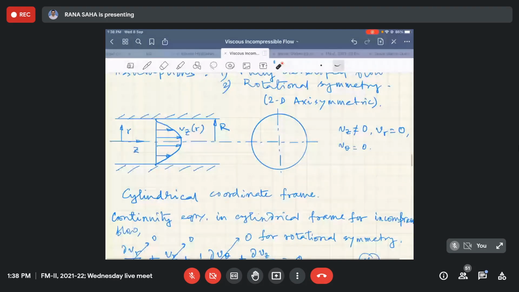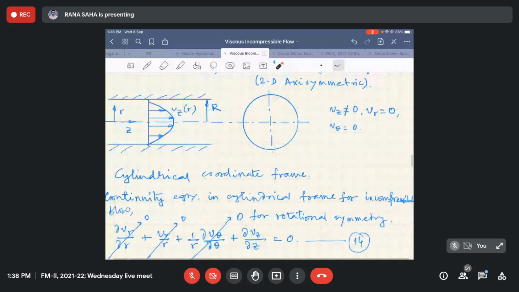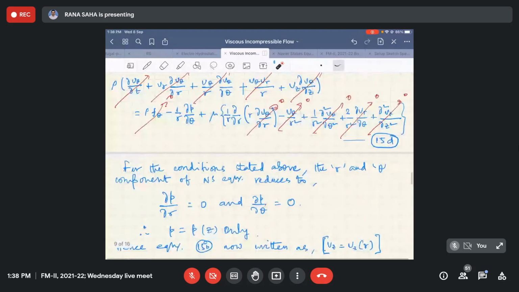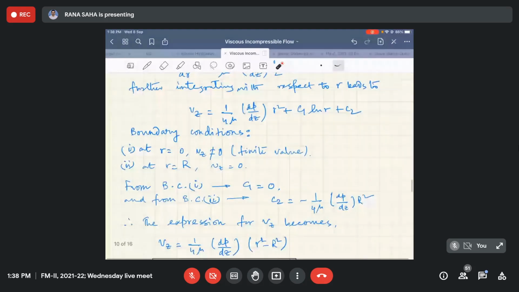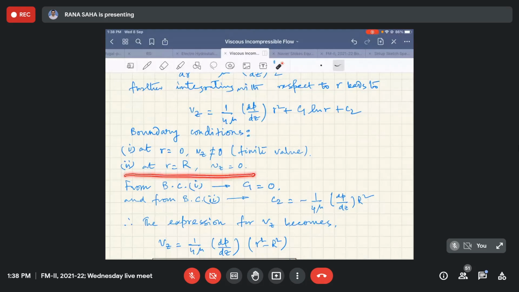Vz will have some non-zero finite value, but at r equals capital R, where capital R is the radius of the pipe, by this no-slip condition, we can write the velocity to be equal to 0, which is written as condition 2.